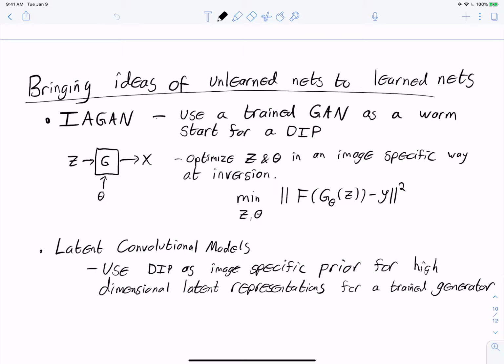Another final thought is the potential benefits in a clinical setting for using unlearned methods. There's some excitement and hope that we've talked about before in this class that learned methods based on generative modeling could be exciting ways to minimize the amount of data needed to recover images, such as MRI images.